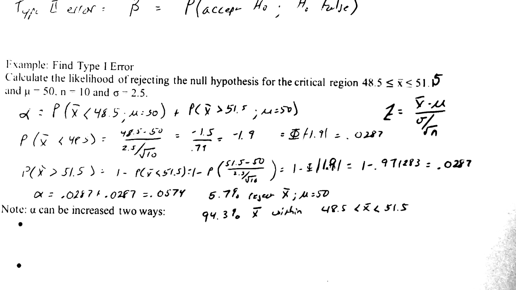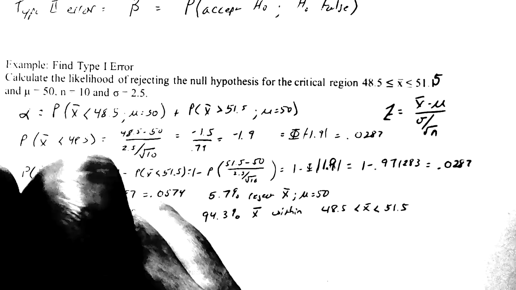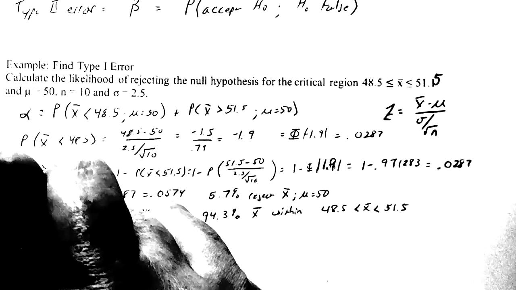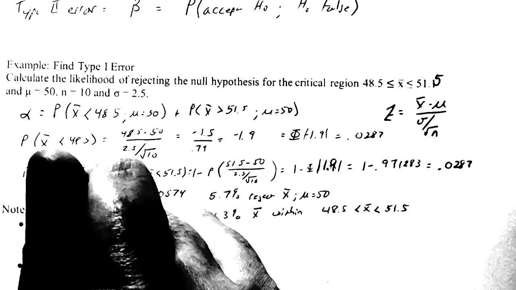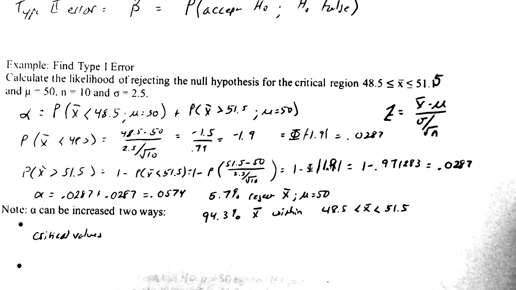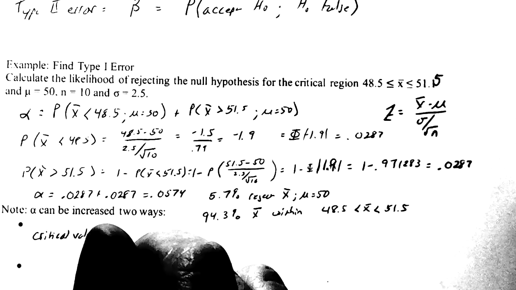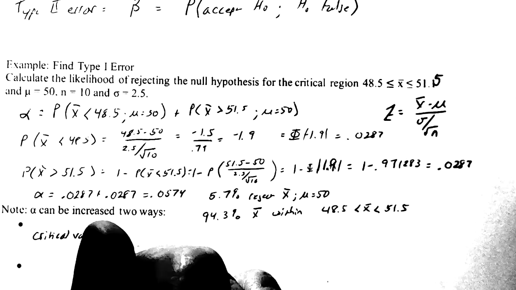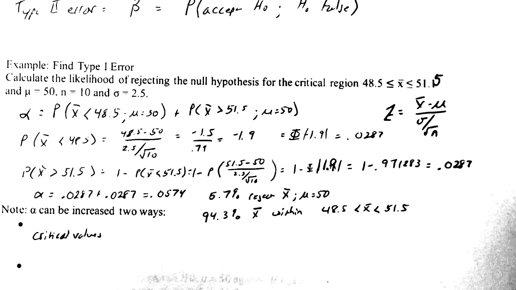Now, we can increase our alpha level in two ways. Either increase the critical values, and those critical values are the actual numbers, like the 48.5 and 51.5. So if I spread that number line and I move that 48.5 down to maybe 47.5, and I move that 51.5 up to maybe 52.5, I could extend that alpha.